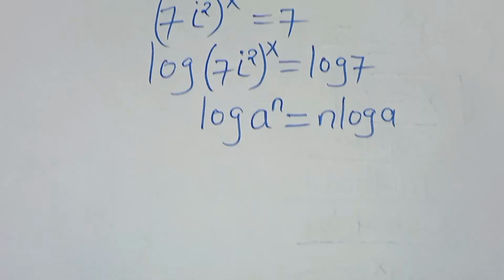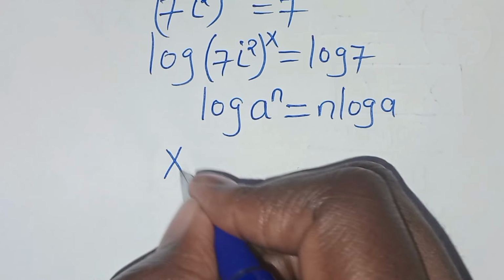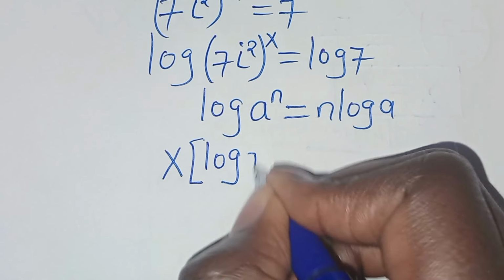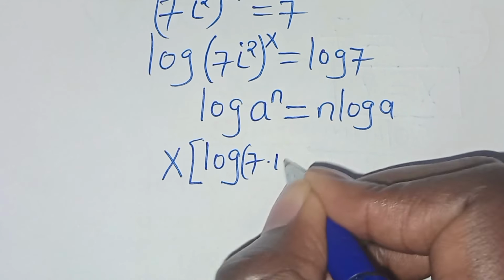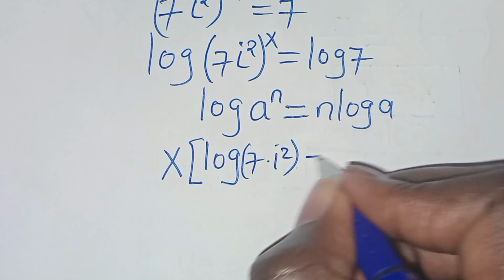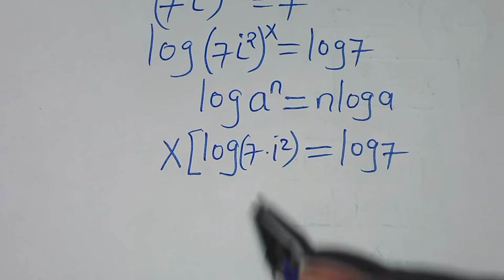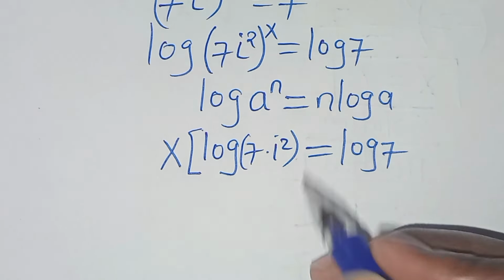Applying this property, then here we have x into the parentheses. We have log of 7 times i squared. This is equal to log 7. Now we have that log of 7 times i squared.